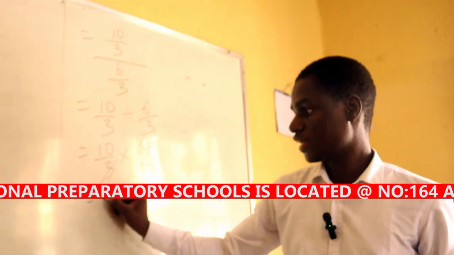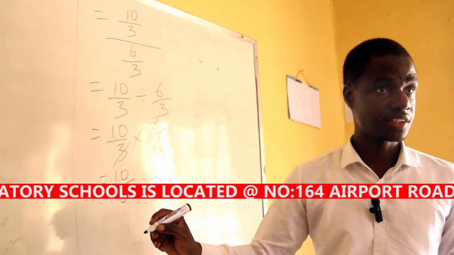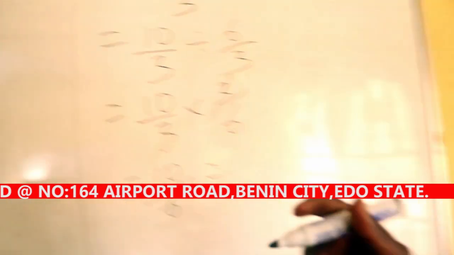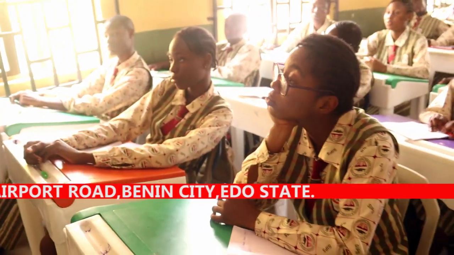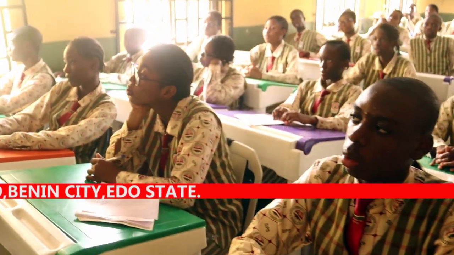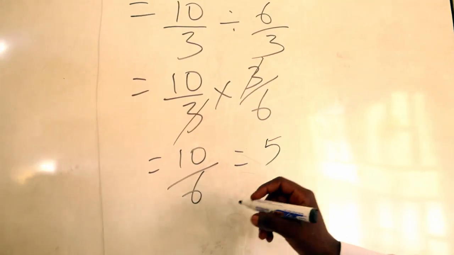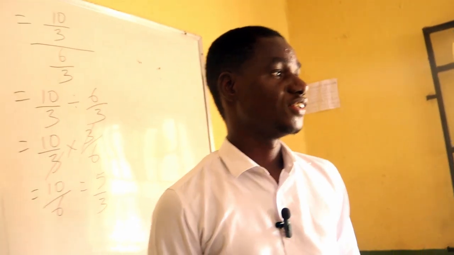So then we have 10 over 6. So reducing this to its lowest term, what are we going to have? 5 over 3. So this is 2 into 10, 5, and 2 into 6, 3. Any questions, students? No, sir.